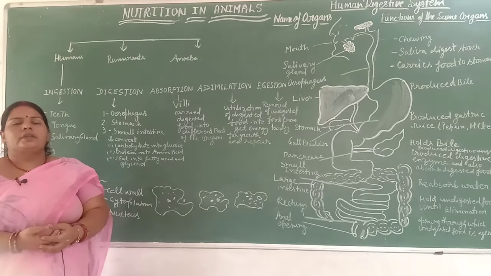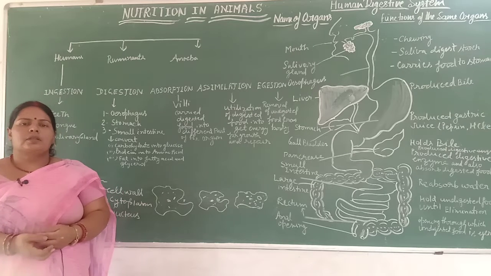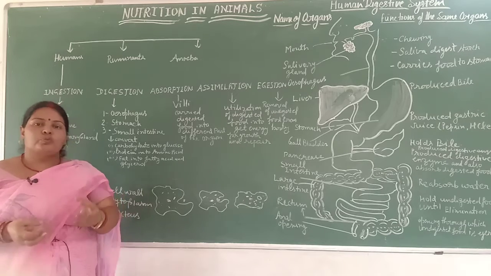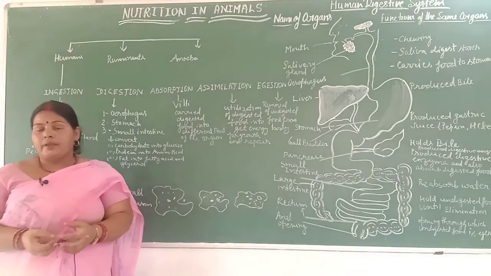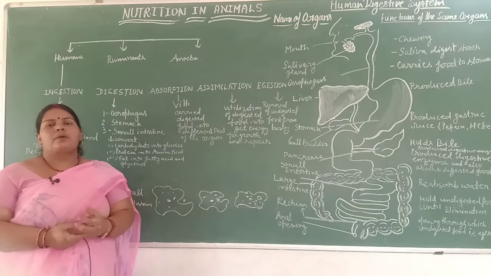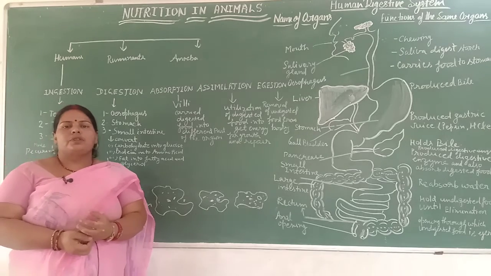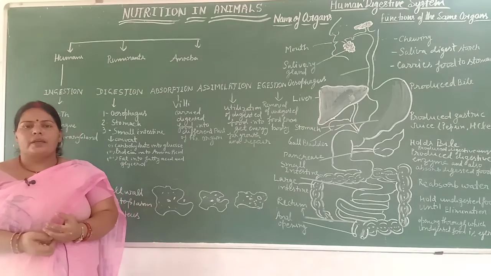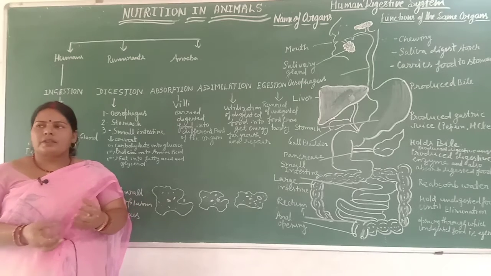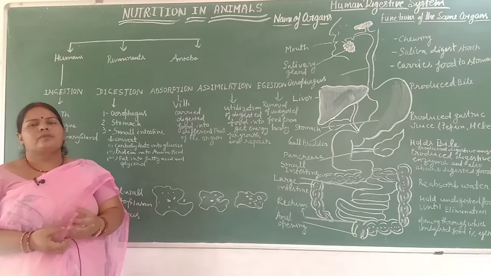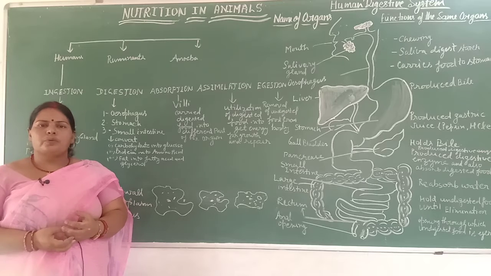After that you see the hydra, which takes food by tentacles, and insects take food with the help of feeding tubes, paramecium takes food with the help of cilia, and spider takes food with the help of sticky webs. Different organisms have different body parts for taking food. This is the mode of procuring food, how animals take food.